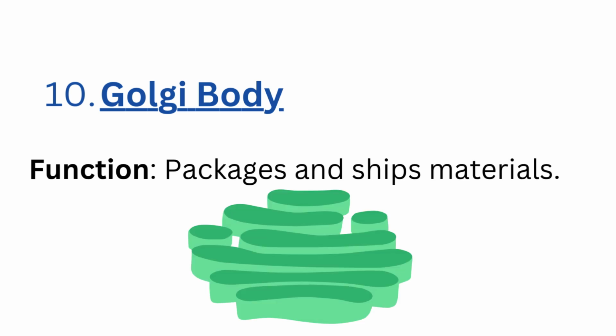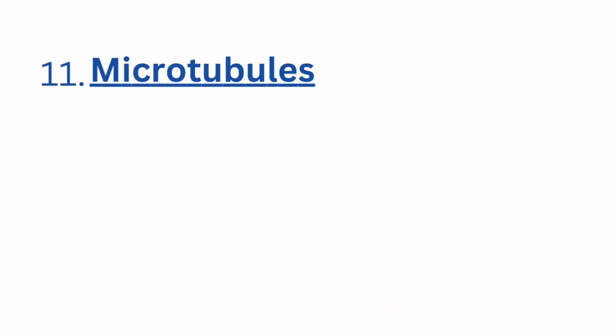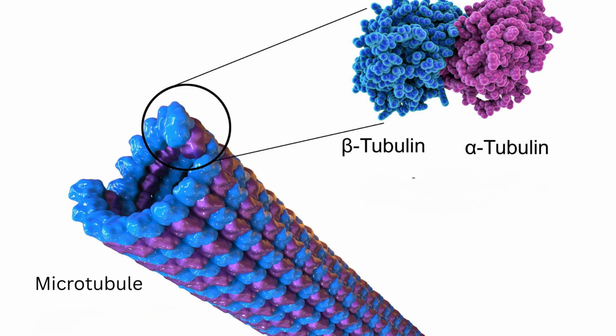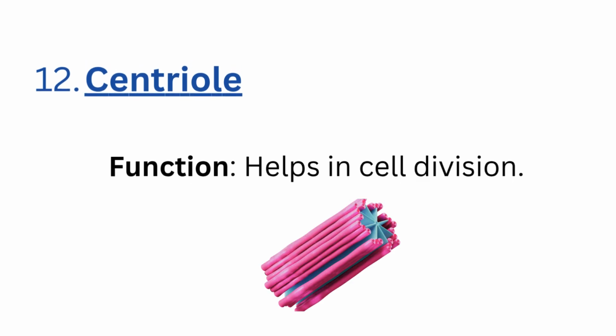Golgi body. The Golgi body packages important materials and sends them exactly where they are needed. Microtubules. Microtubules form part of the cell's skeleton. They support the cell, maintain its shape, and help move materials. Centriole. Centrioles help organize cell division in animal cells.